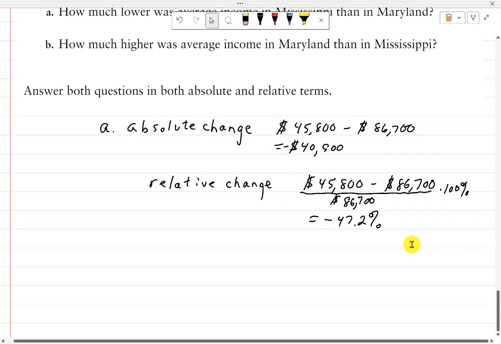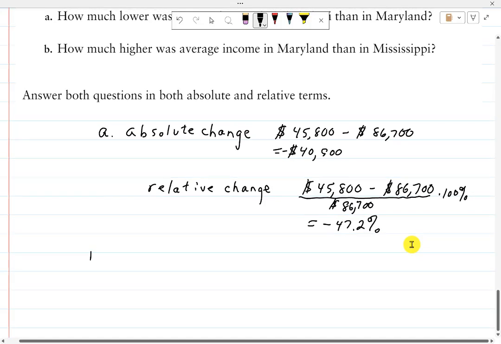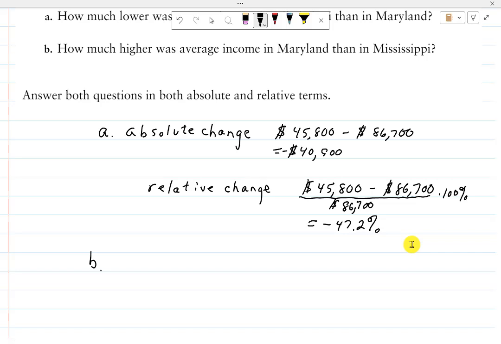Now if we reverse this, now we're looking at how much higher the pay is in Maryland versus Mississippi. Here we're comparing it with Mississippi. So the absolute change, the only thing that's going to be different here is that the bigger number is going to come first because the comparison is the one that you put second.